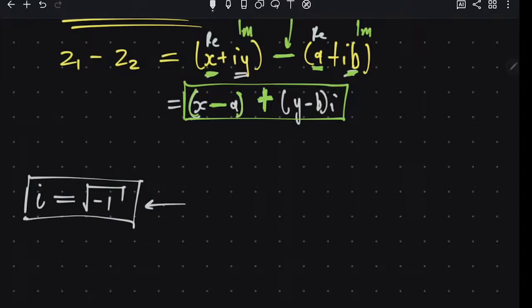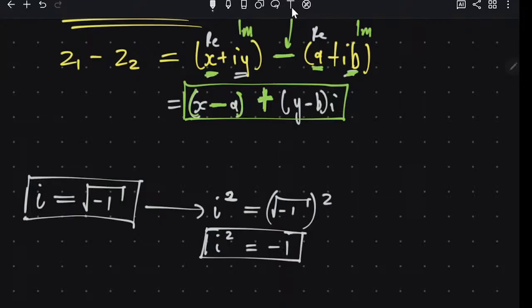Which means if you ever meet I squared, it is the root of -1 all squared, which is just -1. So I squared is -1 because I is the root of -1. This is very important. Are we together?